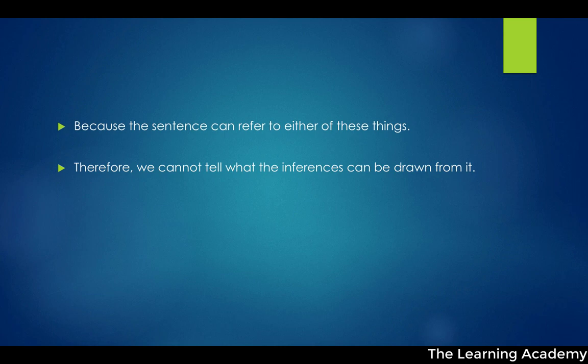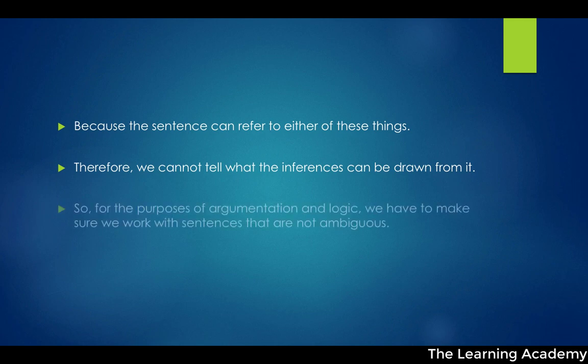We cannot come to a logical conclusion about any sentence like this because we don't know which of the two meanings we are referring to. So for the purpose of argumentation and logic, we have to make sure that we work with sentences that are not ambiguous, that are clearly defined, where we know the true meaning of the sentence.